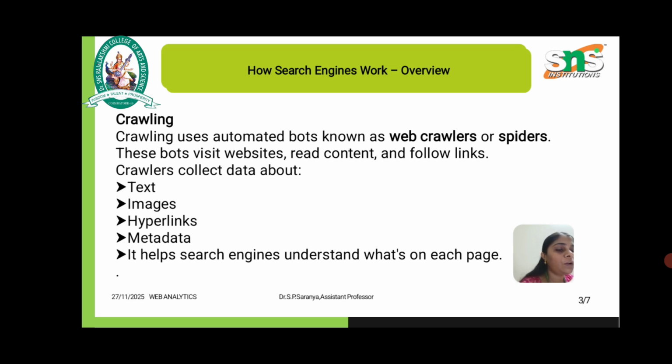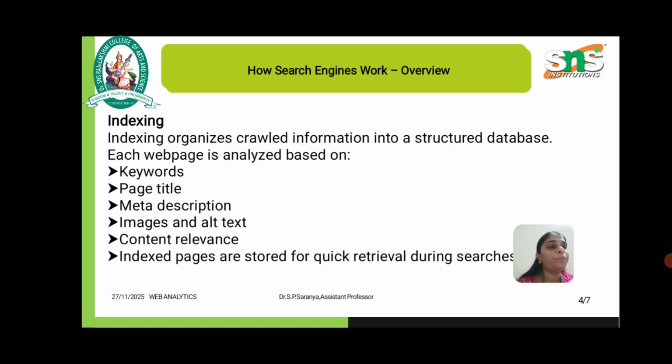A crawler's job is simply to discover new web pages and check updates in existing pages. For example, if a website publishes a new article today, the crawler will eventually find it, read it and note it down. This is the process of crawling.